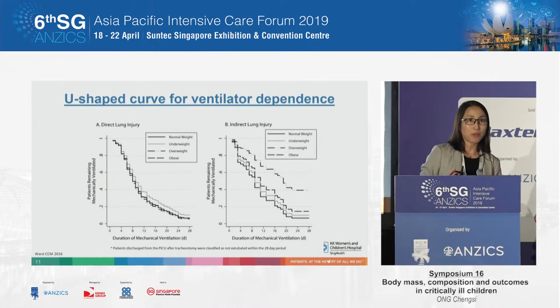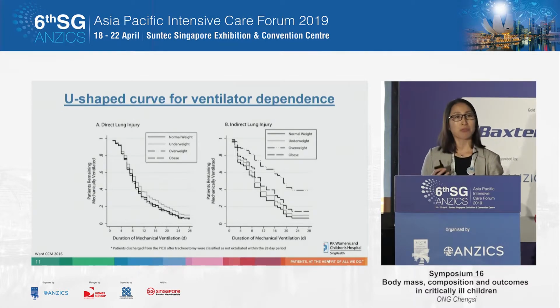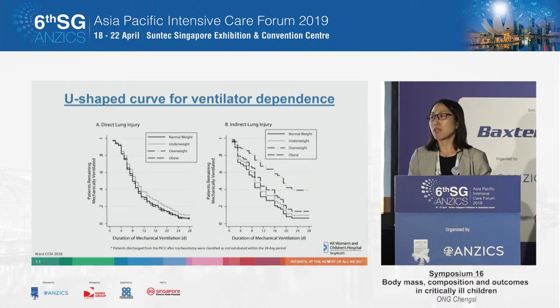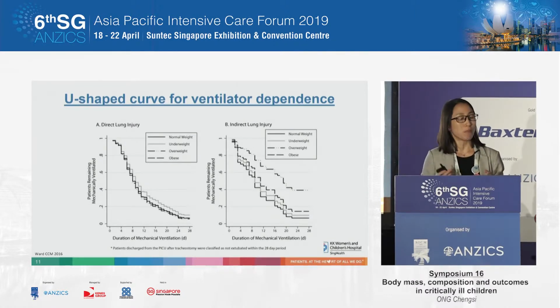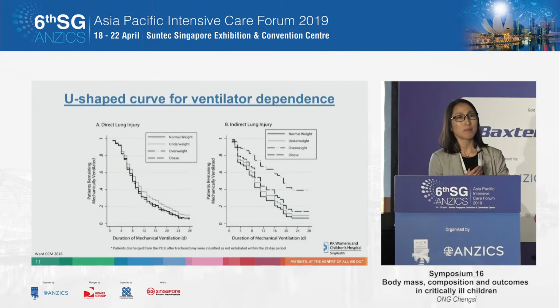There's also some signal for those with obesity, but that was not statistically significant. But this gives an idea that perhaps the mechanism of injury can also matter. So it's not a uniform risk across the entire group. It may depend on the injury mechanism.